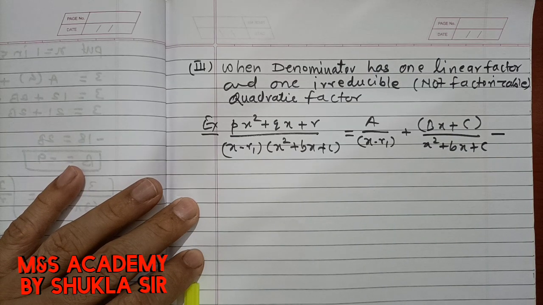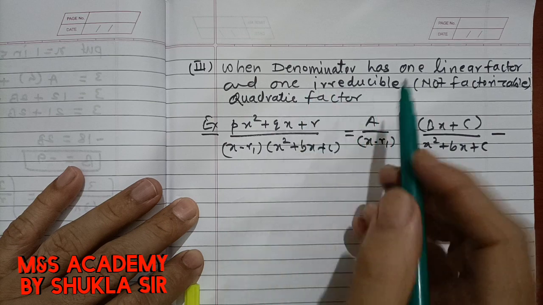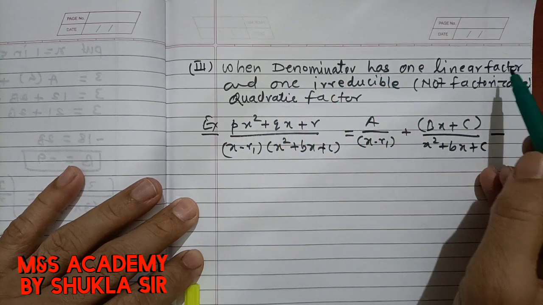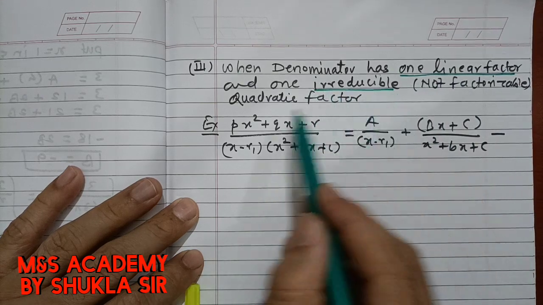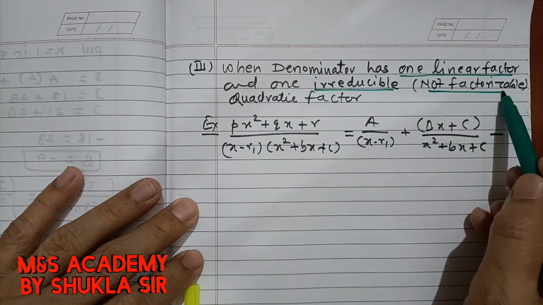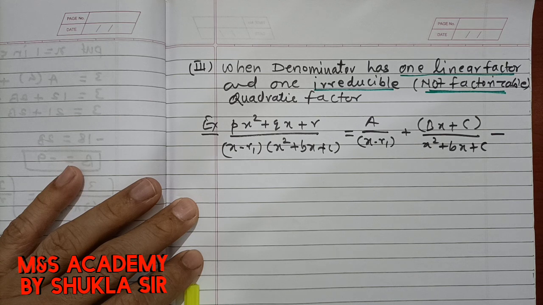Sometimes we see a rational function which we need to integrate. In that, the denominator has one linear factor and one irreducible quadratic factor, which is a non-factorizable quadratic factor.